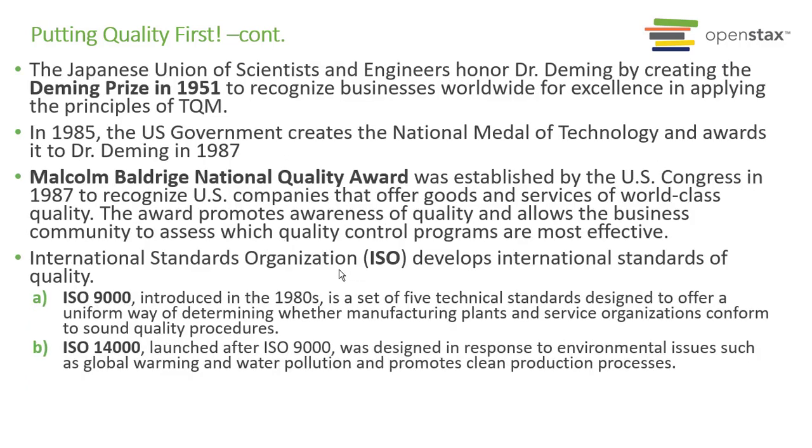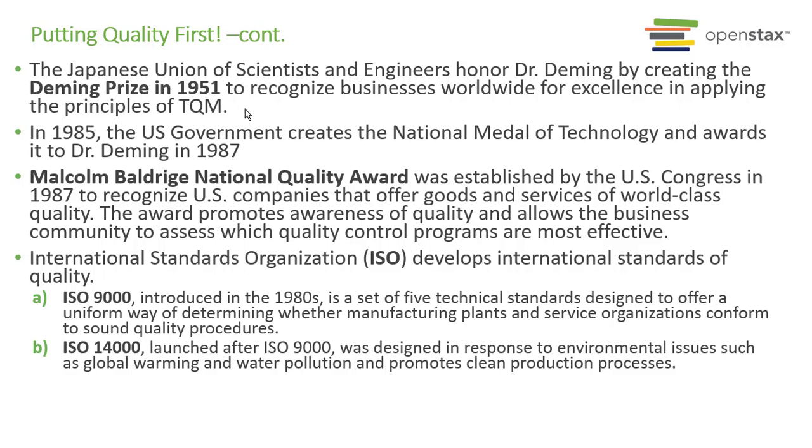Now, having said all that, the Japanese Union, I added this. The book mentioned Malcolm Baldrige, but I want to give you a little bit of background, right? So remember, Deming went to Japan not long after the end of World War II, 1945, right, is the end. I believe around 46, 47 is when the U.S. sent him there for the post-war census. And the Japanese industrialists were really, really open to everything he had to say.